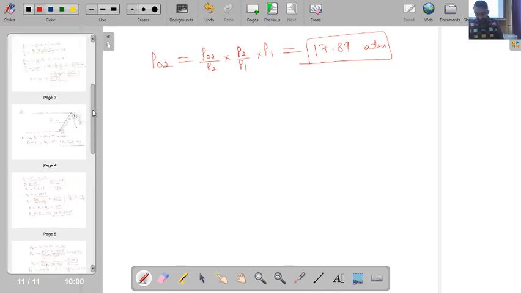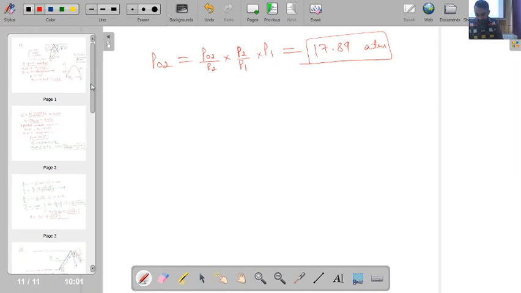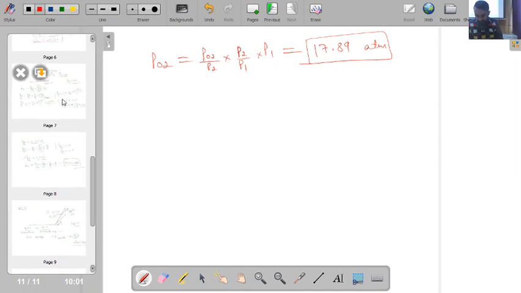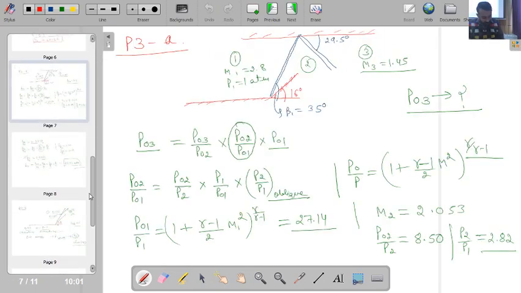If I start from the first point, part A, in case of part A, if you see, your value of P01 by P1 is 27.14. Okay, so for part A, you can say that your P01 is 27.14 atm.